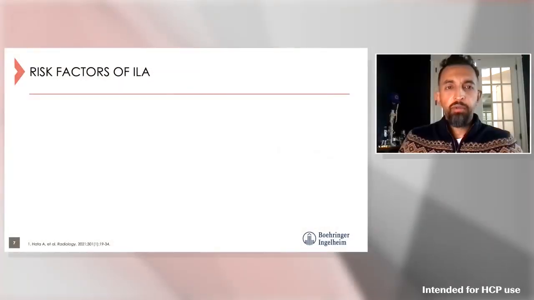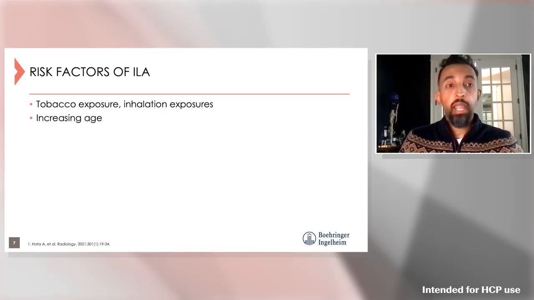So what are the risk factors for interstitial lung abnormality? Well, all of these large cohort clinical studies demonstrated that tobacco exposure and different inhalation exposures are independent risk factors for the development of ILA. In addition, we know that increasing age is a risk factor for ILA as well.